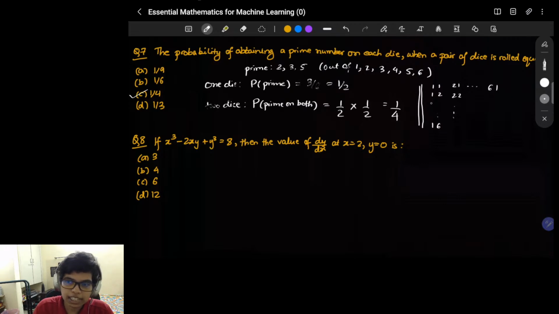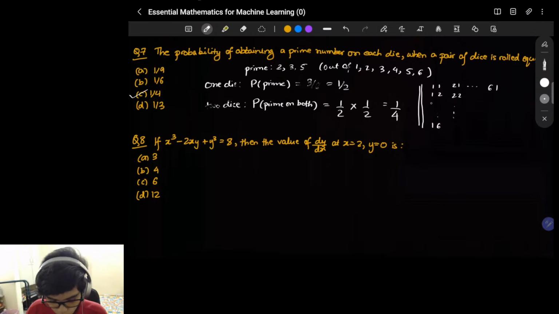So these are the four possible situations that you can have, and there will be overlap in those possible outcomes also. So let's say we have prime on both, prime on just one die, prime on the other die, and no prime. So then you will have four different cases over here.